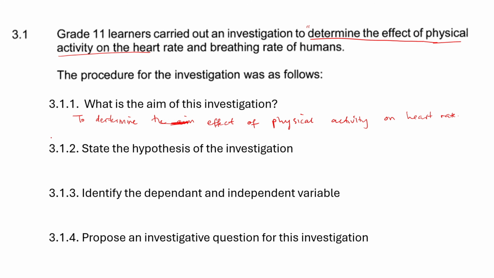But for my hypothesis, I'm just going to say what I think about the aim. So now the aim says to determine the effect of physical activity on heart rate. I can just say that increasing physical activity increases heart rate. This is just my opinion on the aim. This is what I think about the aim of the investigation.